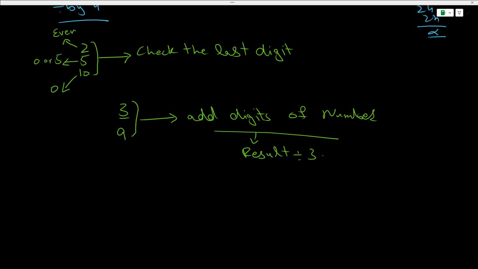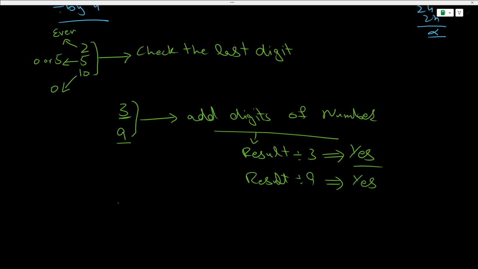If the result is divisible by 3, we say yes, the number is divisible by 3. And if the result is not divisible by 3, we say the number is not divisible by 3. And for 9, we divide the result by 9, and if the result can be divided by 9, we say the number is divisible by 9, otherwise it's not divisible by 9.